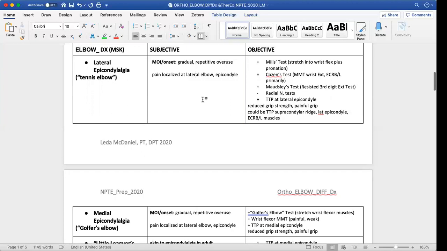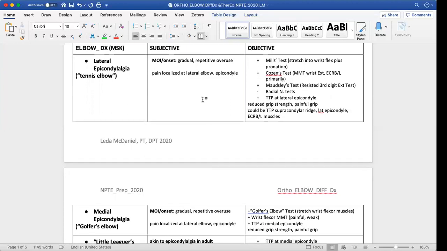If it's purely an epicondylalgia, if it's purely pain at that epicondyle or tendinopathy pain, they're not going to have a positive radial nerve test. So it's not going to be a nervous tissue issue. It's going to be more of a tendon issue.